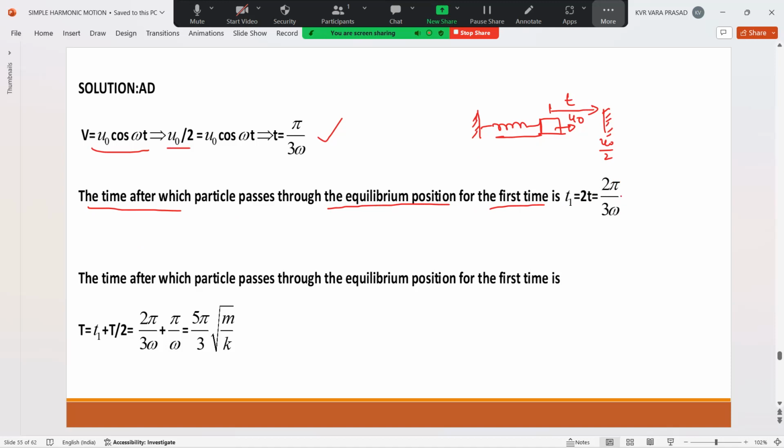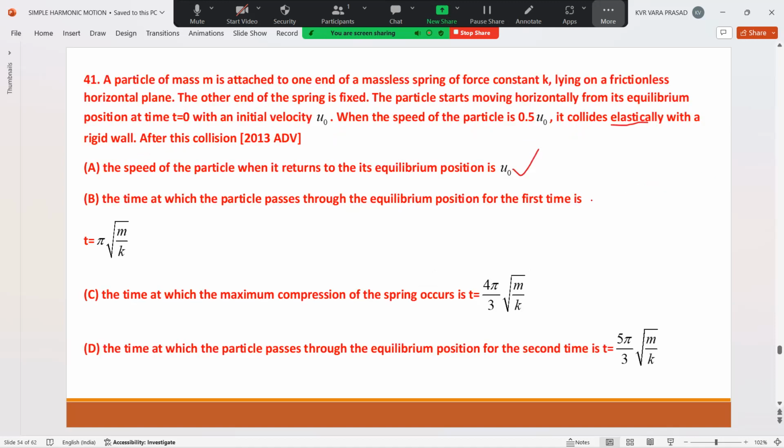And in place of omega, it is as usual 2 pi by 3. Sorry, I have taken it reversed. Omega is the root of k by m, therefore this becomes the root of m by k. That is the answer. In the options, that is not there.